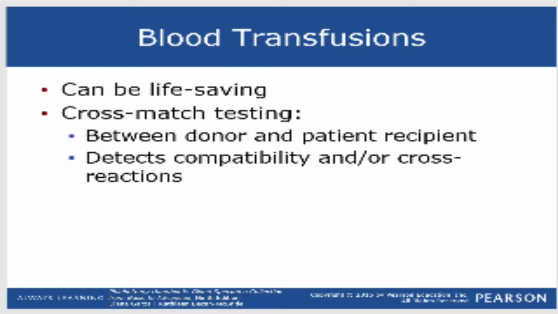The way we cut down on the chance of that happening is we do a very extensive type and crossmatch. So if you are donating blood to me, they will check your blood type, and they will check my blood type to make sure that they are compatible. And then they start to do a crossmatch, and they test lots and lots of different things to make sure that I'm not going to have a reaction to your blood.